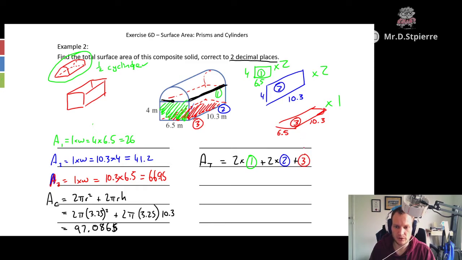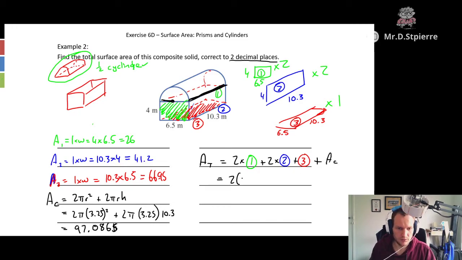There's only the one bottom, and then plus the cylinder that we found, which we called AC.